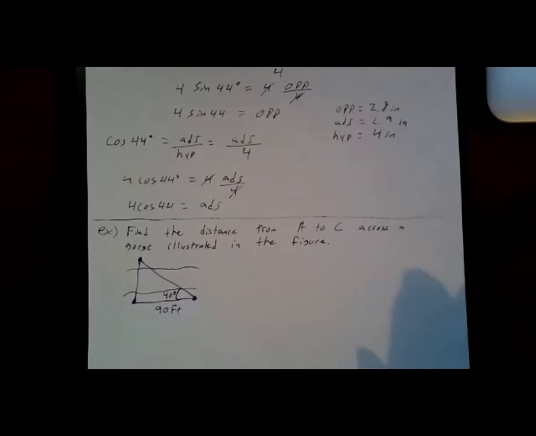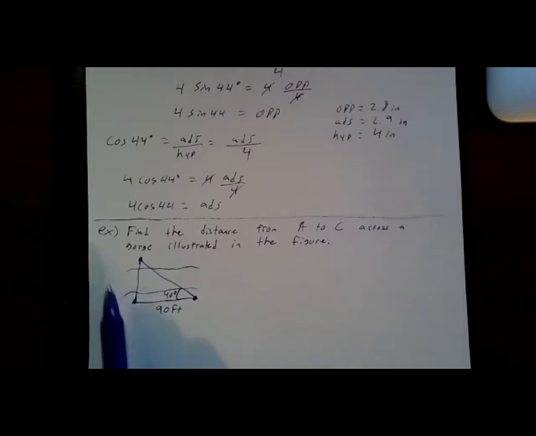So we are missing the opposite side, and we're missing the hypotenuse. So sine and cosine are not going to be helpful. You're going to want to use tangent because you have adjacent and you want to find opposite.